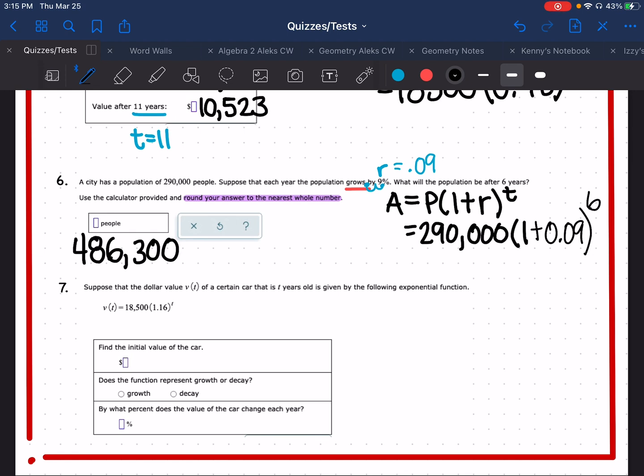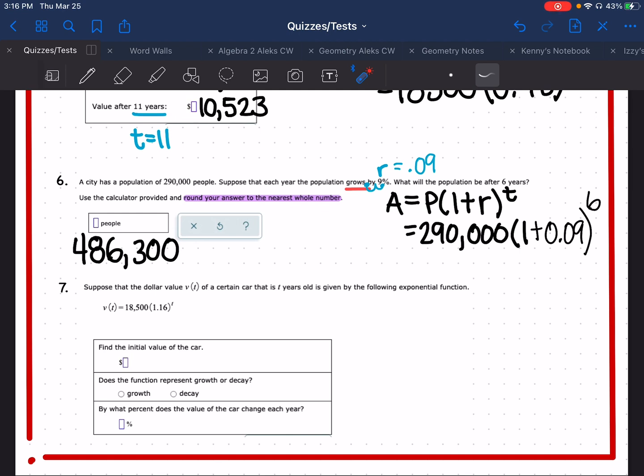Okay. All right, question number 7. Once again, I'm seeing the formula written for me. I can tell from my number inside the parentheses that this is a growth, and it does talk about the dollar value of a certain car T years old given by the following function.